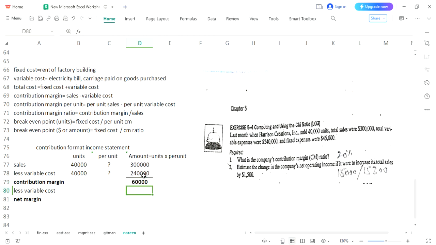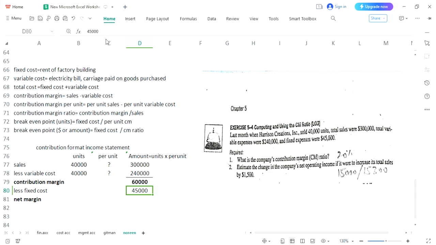Next, you will subtract fixed cost after that. Let's search for fixed cost, and 45,000 is given as fixed cost. Write it down, and now you need to calculate your net margin.